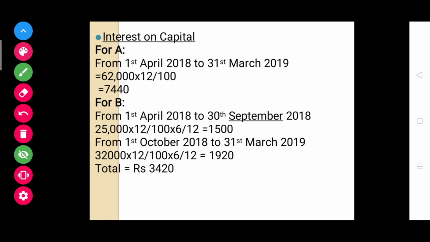So total interest on capital for partner B will be rupees 1,500 plus rupees 1,920. It will be rupees 3,420.